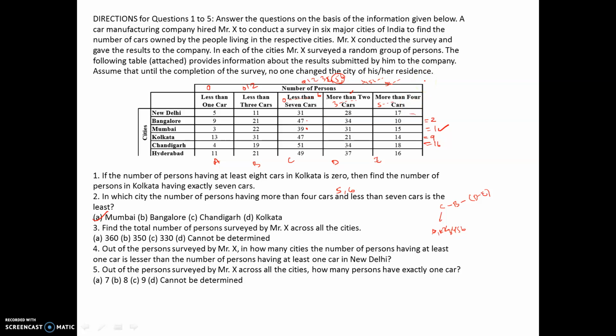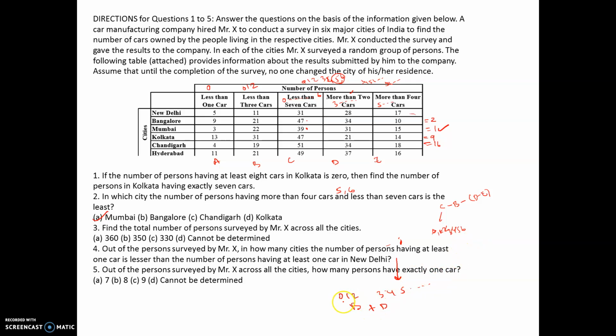So how were we calculating one or more cars? 0, 1, 2. So for this particular question, if I take the 0, 1, 2 column and the 3, 4 and above, so this was column B and this is column D. If I add, I'll get 0 cars or 1 car or 2 cars and so on up to however many cars, right?